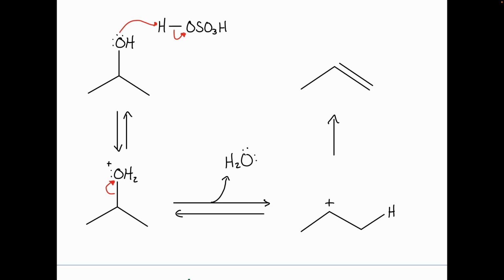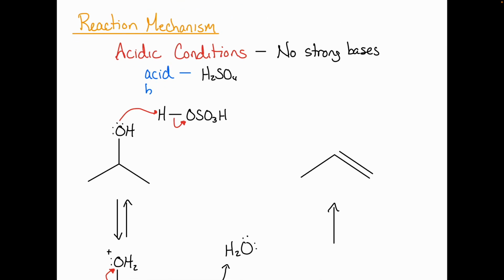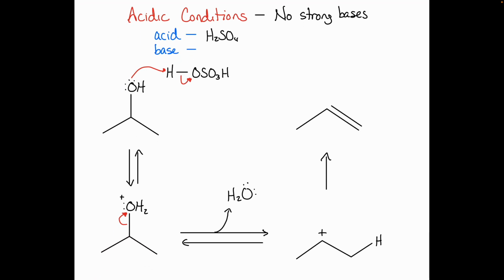In order to have this hydrogen removed, in order to break this bond here, we need something that accepts a hydrogen, what we call a base. But we're not allowed to use any strong bases. So what base do we think we're going to use in this mechanism? We could use our conjugate base.